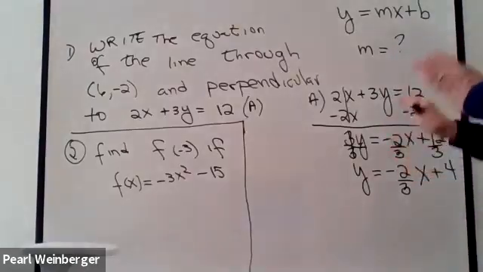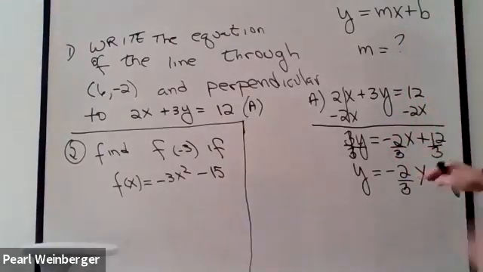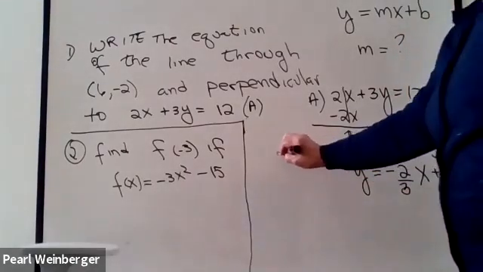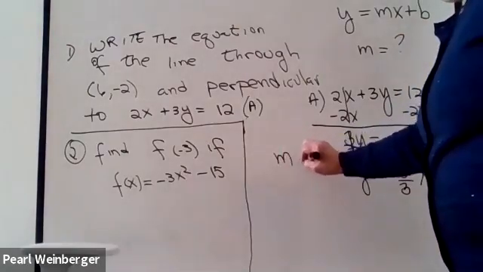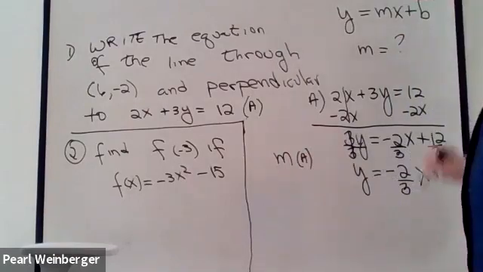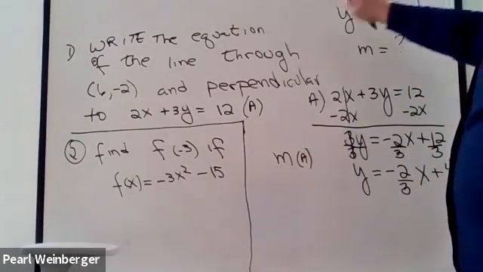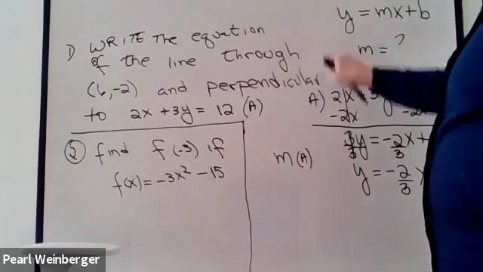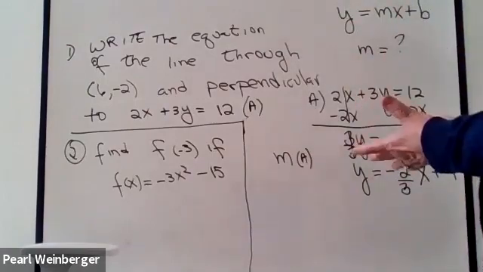Now, the one thing we're interested in about this line is its slope. Let's call it the slope of line A. This is my line that I'm trying to write the formula for. They're not necessarily the same slope.